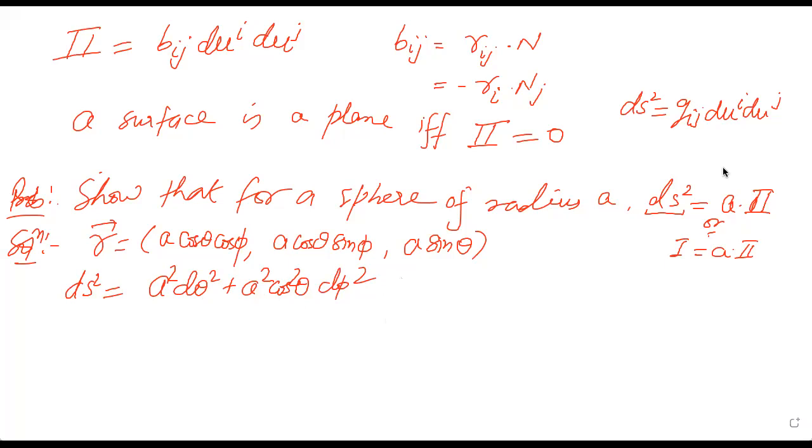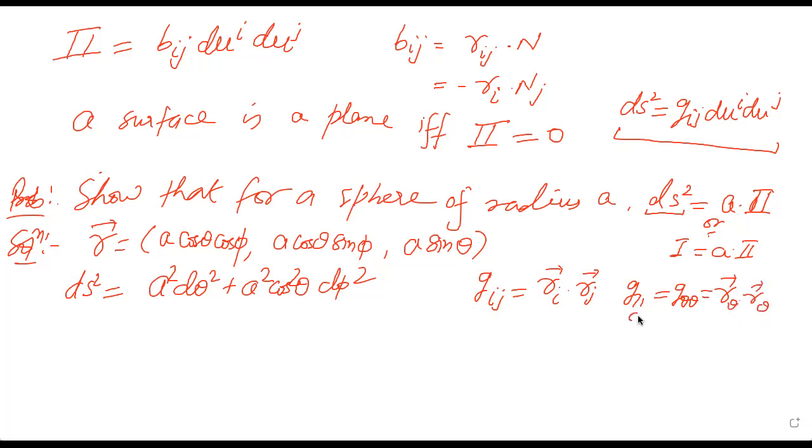You have to find your g_ij's. g_ij was r_i dot r_j. So here g_11 you will find. g_11 means g_θθ, so it will be r_θ dot r_θ. Similarly, g_12 will be g_θφ, so you have to find r_θ dot r_φ, and so on. So this we have done. You can see it from there. Otherwise, it is easily calculated.